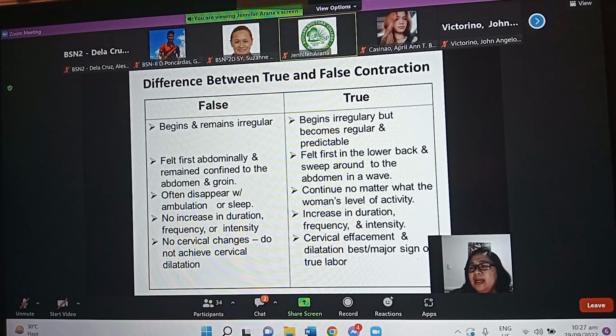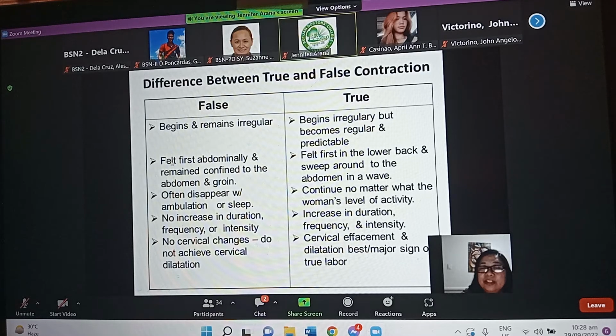Alright. Let us now compare the difference between true and false uterine contraction. In false uterine contraction, the contraction begins and remains irregular. In true labor contraction, it begins irregularly but becomes regular and predictable.